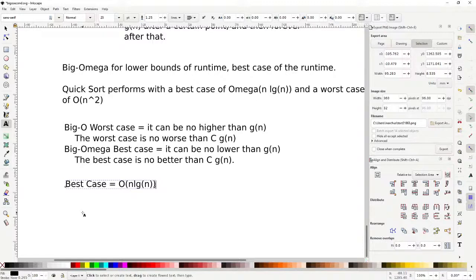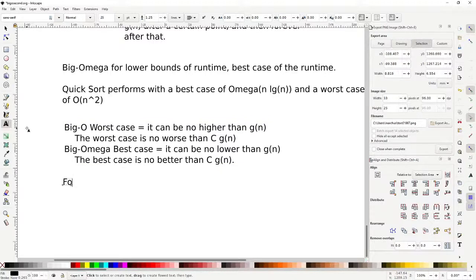I don't assume that you mean that it could theoretically be constant time, even though constant time is in O of n log n, right? And all of this gets into, even here, so let me just say that this is what a lot of people do. I don't actually really care if you use Big Omega as best case or worst case, but that's definitely what some people do, because Big Omega is like the opposite of Big O.